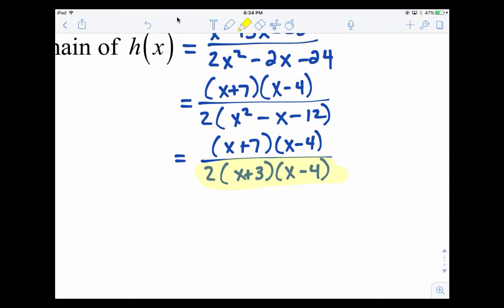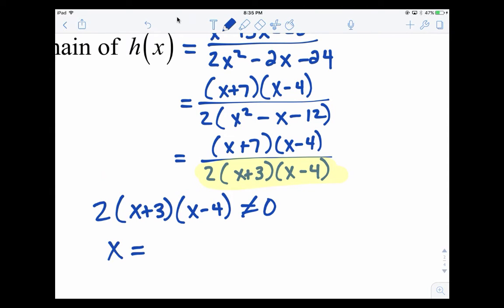You can't have a 0 in the denominator. So if we take my denominator and say that it can't be 0, I know that x can't be negative 3 and x can't be positive 4. Those are two big keys that you have to find out from your domain.